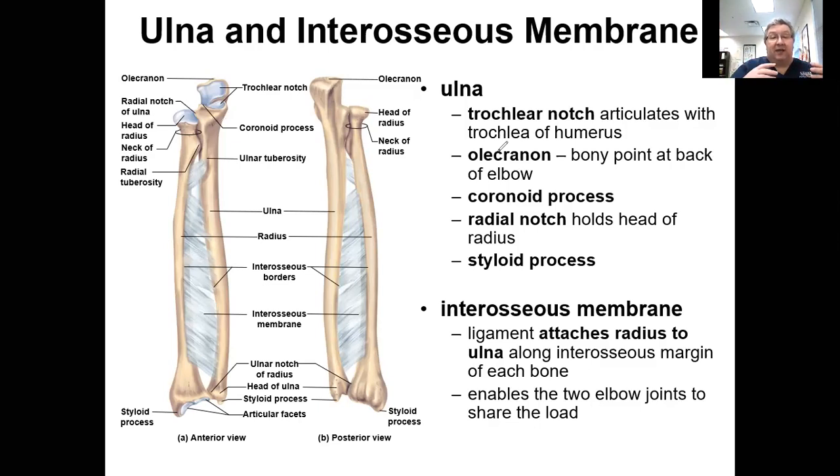Now, let me also say this. If you were to hold your hand out in front of you with your palm up, and go palm up and palm down, palm up and palm down, it is the radius bone that moves. The ulna does not.